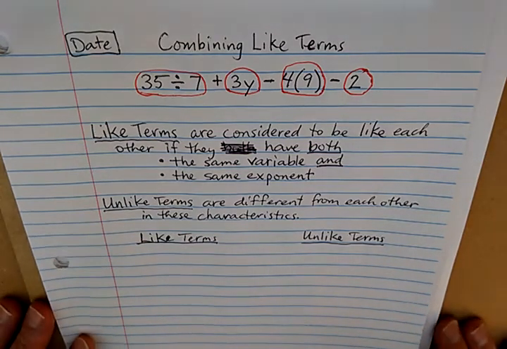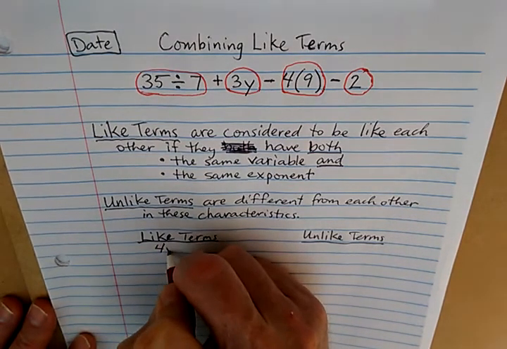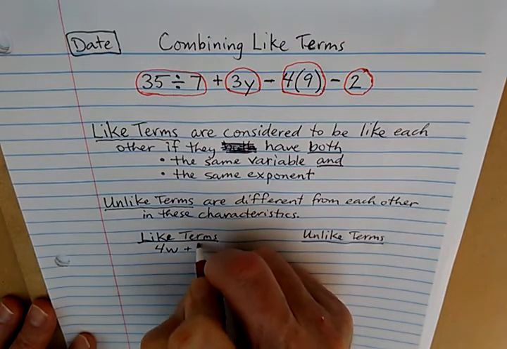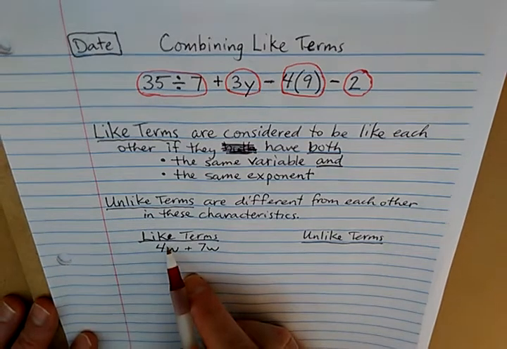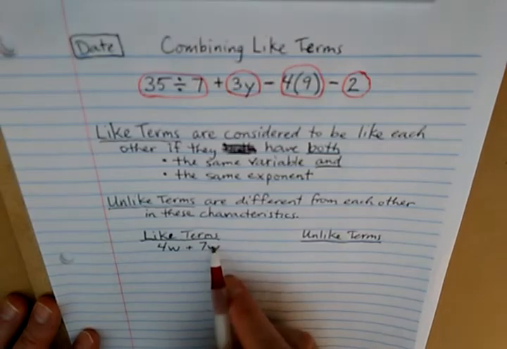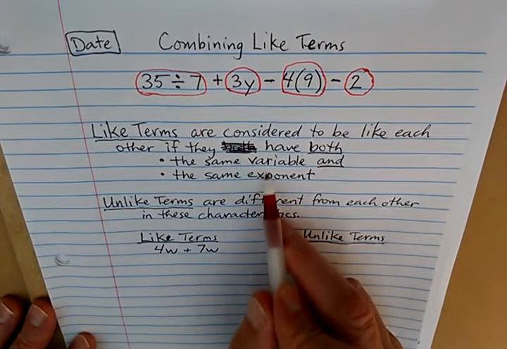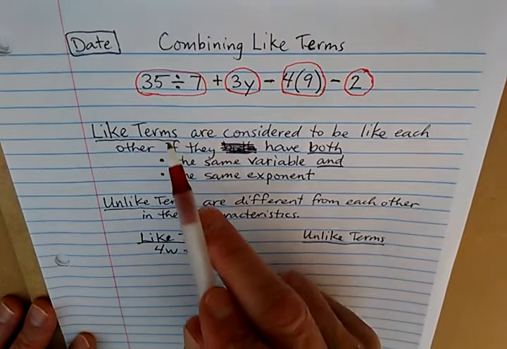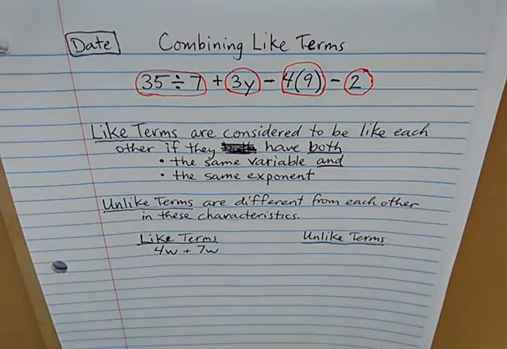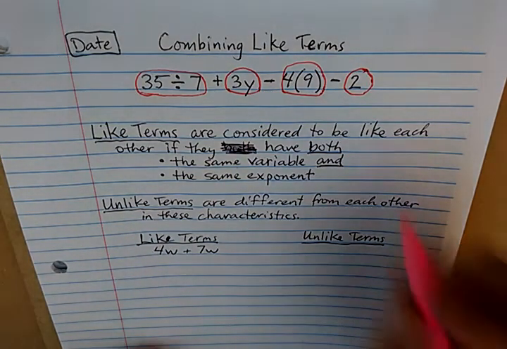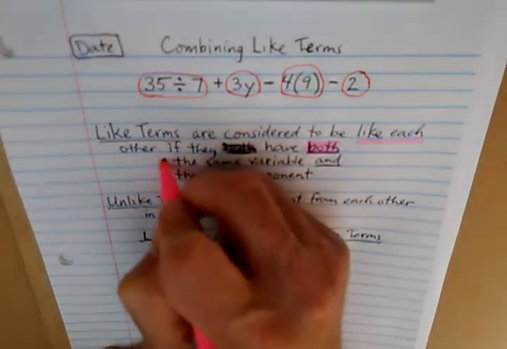An example of like terms would be if we were trying to add together 4w plus 7w, we would say this term 4w is like this term 7w because it meets these requirements. Because remember, like terms are considered to be like each other if they have both. So they're like each other if they have both of these things.